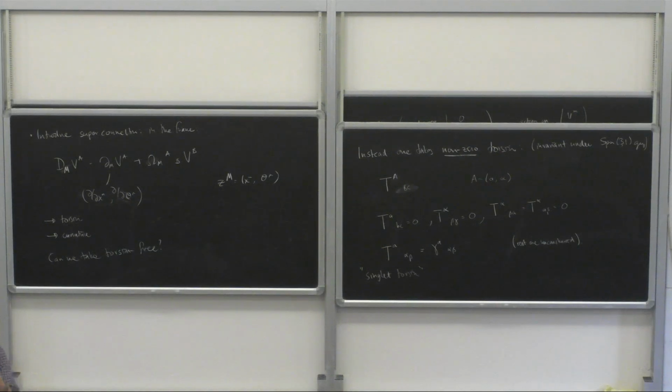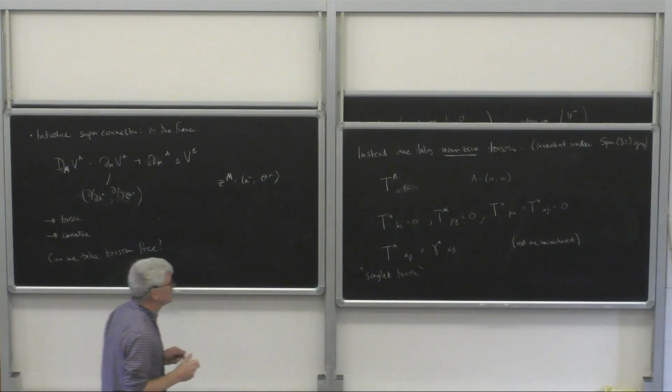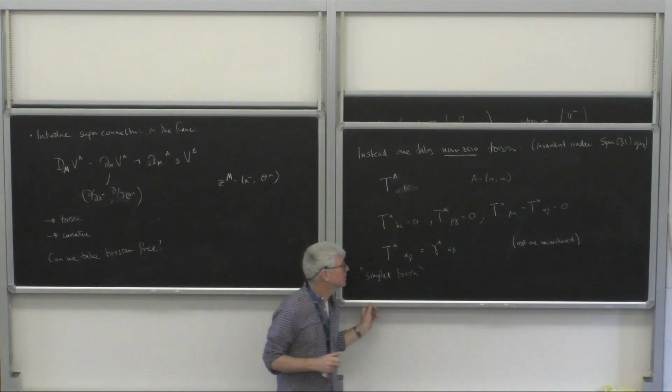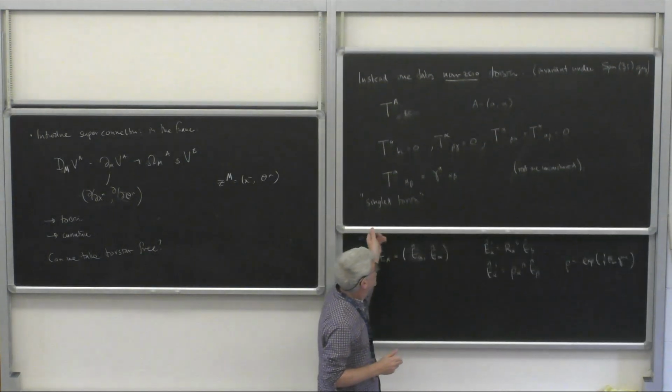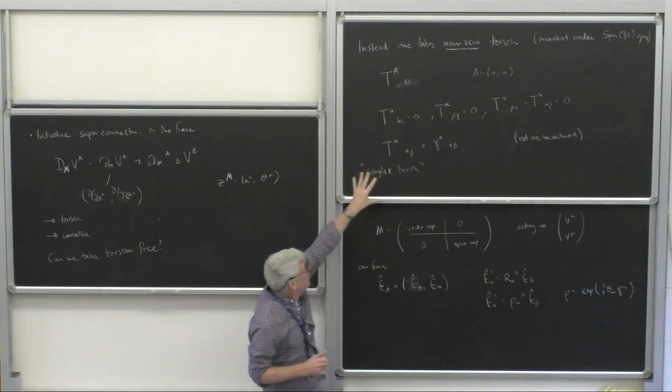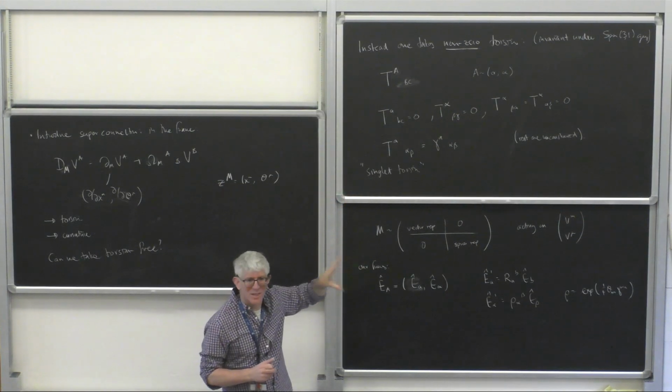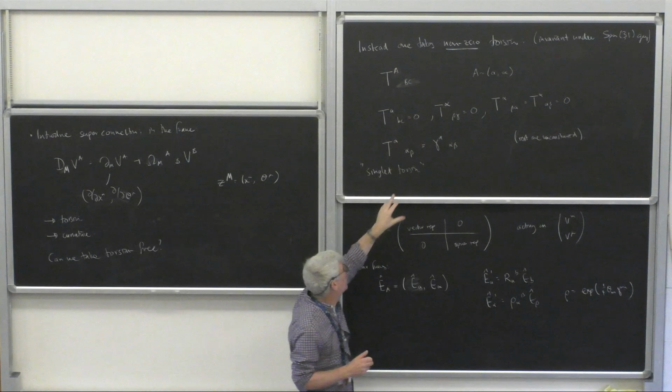Then the internal space has some singlet torsion like this. So mathematicians have already looked at those things. It's a nice geometrical thing where you're setting some torsion-free connection, but not quite because of this.